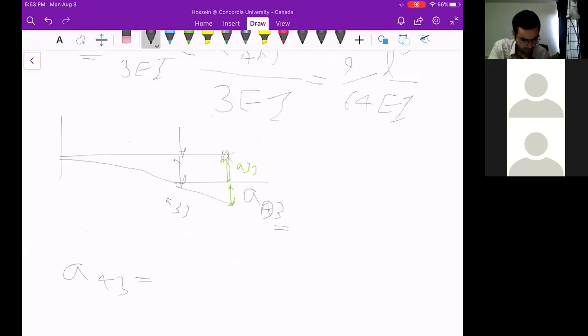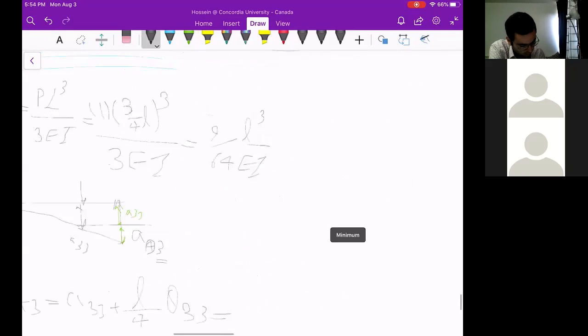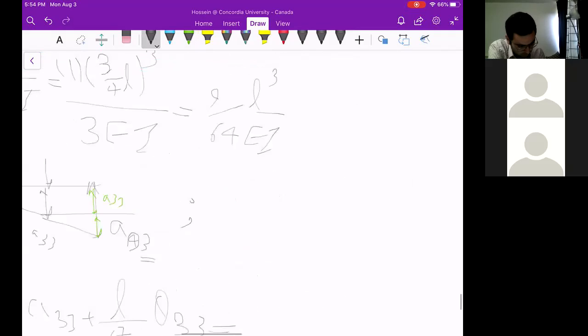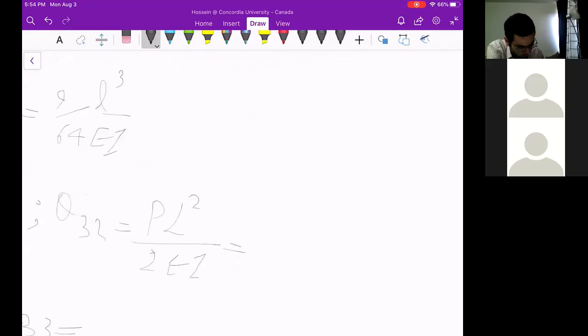A43 is A33 plus L over 4 theta 33. Theta 33 is PL squared over 2EI.